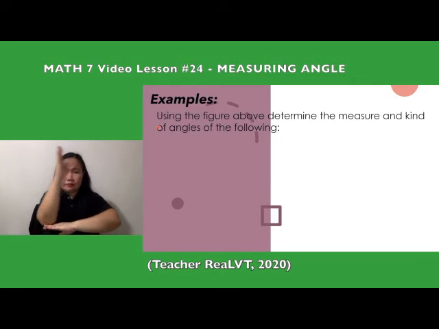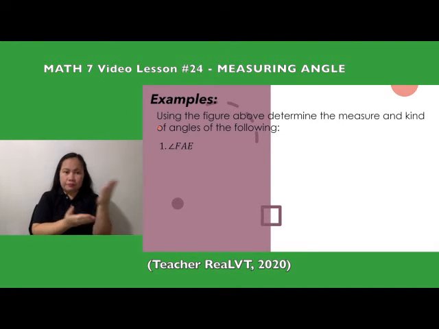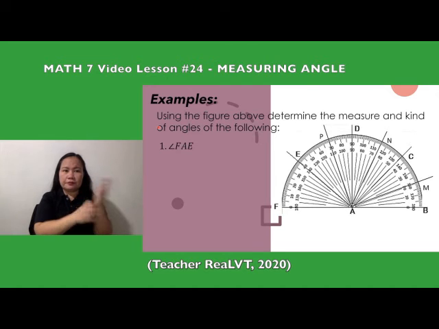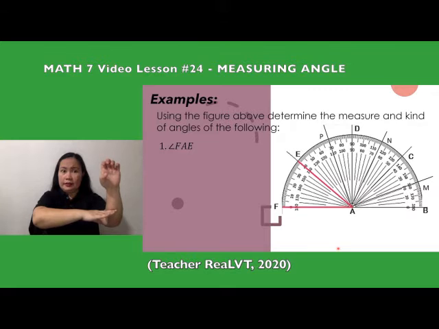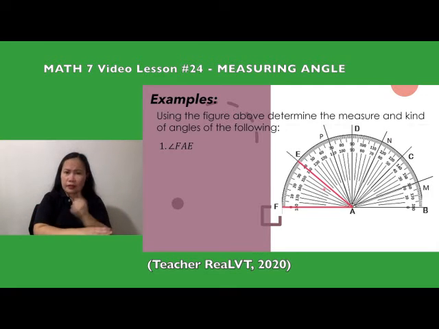So let's have some examples. Using the figure above, determine the measure and kind of angle of the following. Number 1, angle FAE. So we have the given protractor. Since ang given is ang isang letter is F, gamitin natin yung AF and then AE. So again, this is angle FAE or angle EAF.